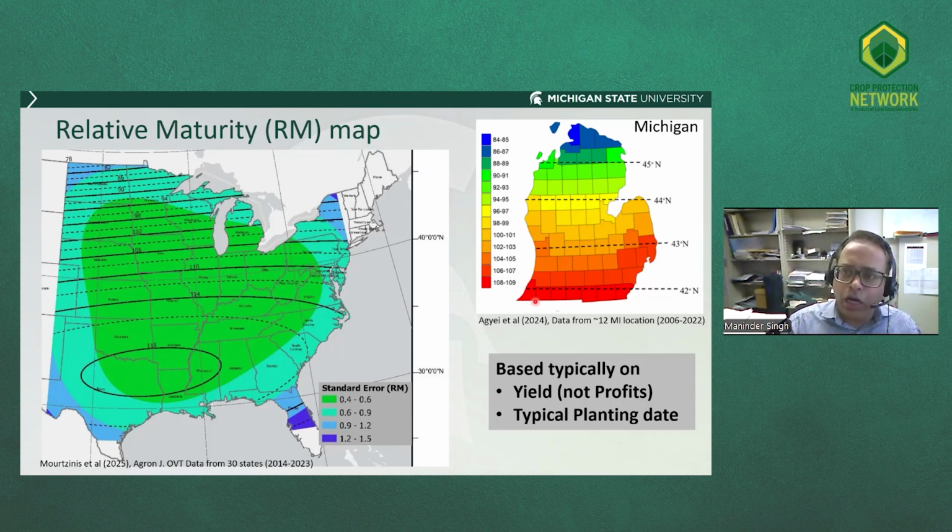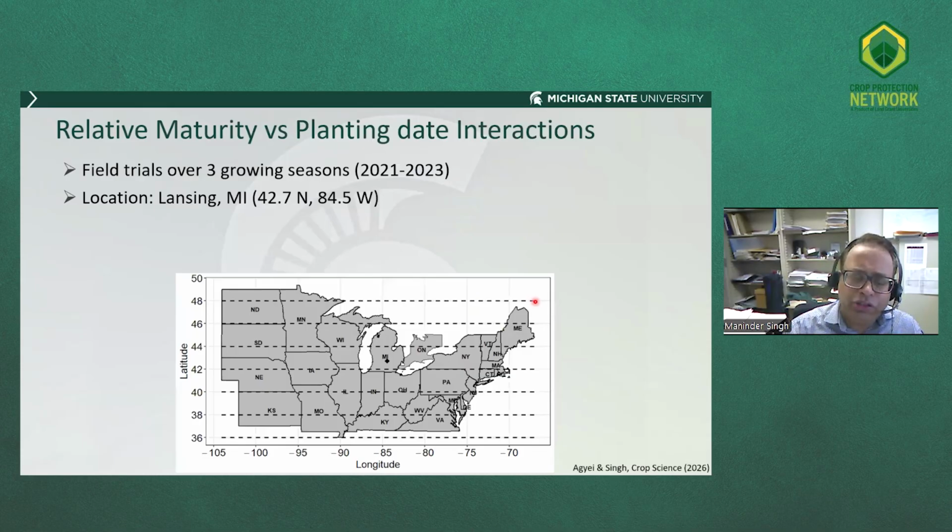So we need to be accounting for corn prices, also dry down cost, as well as any discounts if we are dealing with low test weight and things like that, right? So again, there is a lack of research on this topic in terms of optimal relative maturities based on planting times, and how that even differs between different regions.